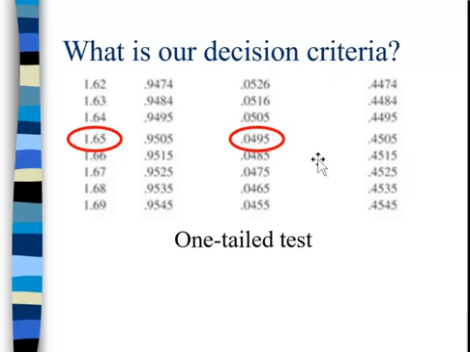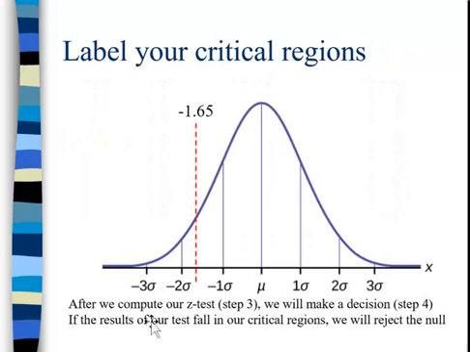And when we do that, again, we've done this already, we see that proportion closest to 0.05 without going over is 0.0495, and that gives us a z-score of 1.65. But again, because we're dealing with a z-critical score that's on the left, negative side of our distribution, our true critical value here is negative 1.65.